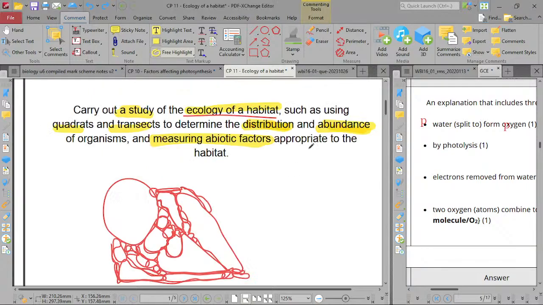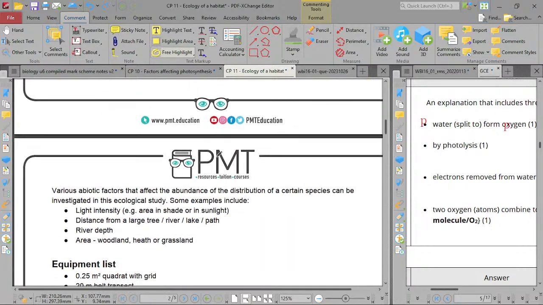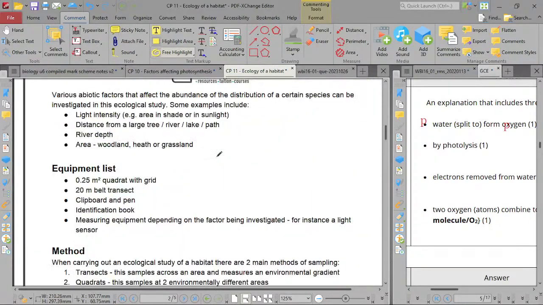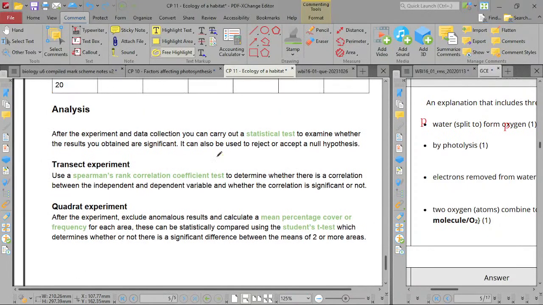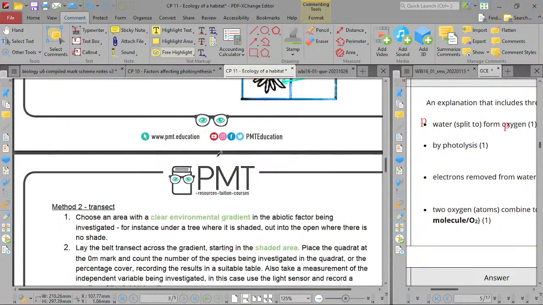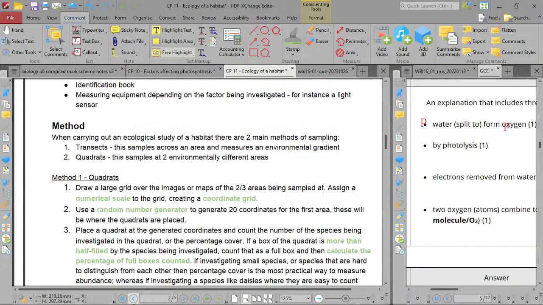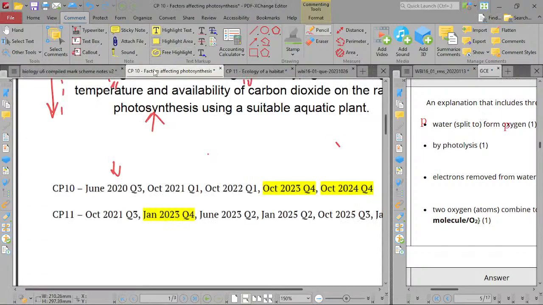Okay. Measuring of abiotic factors appropriate to the habitat. Okay. So, oh my god, I ain't reading a lot. Just kidding. It's probably the ones with like the t-test. But I just opened like a question, just to see.